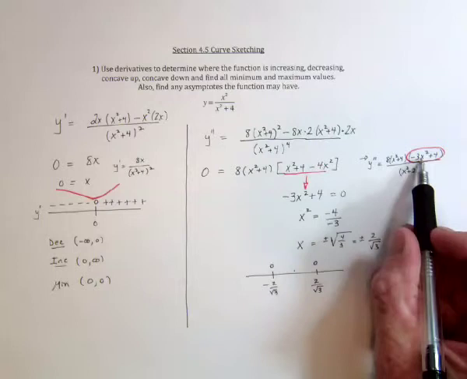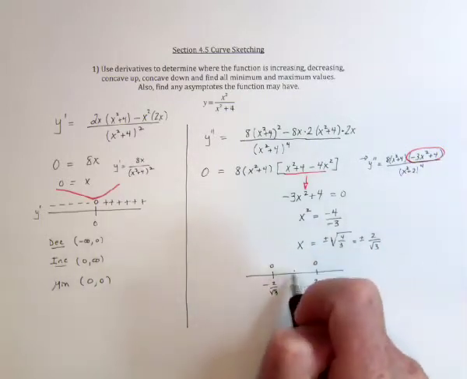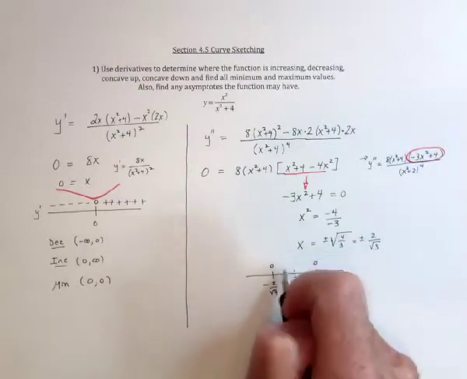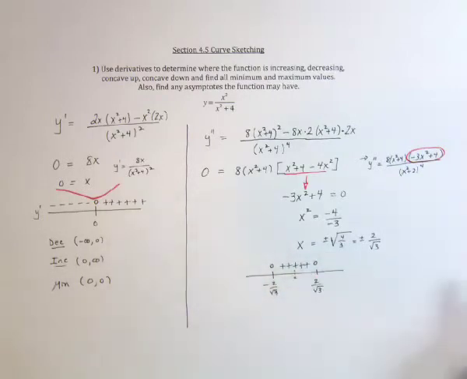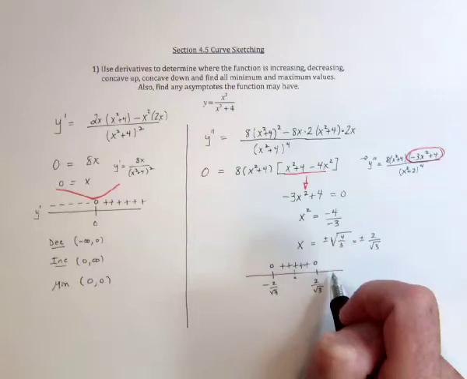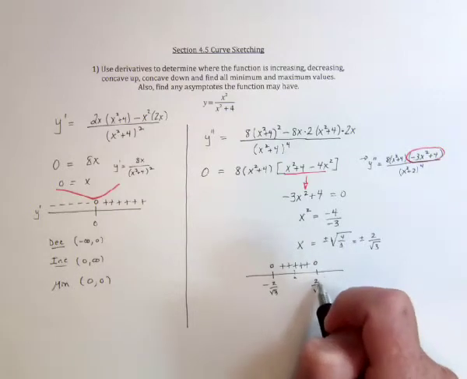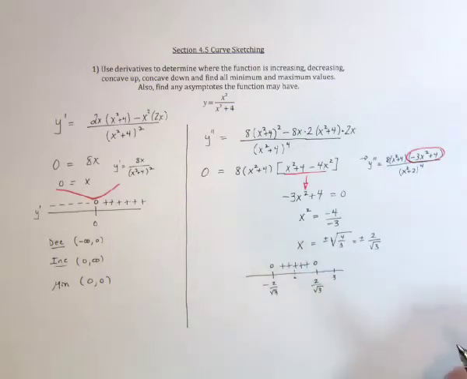So for example, if I use a 0, then this would be gone, it would be a positive 4. So 0 here in the middle means that the second derivative is positive. And then if I pick something over here, something bigger than 2 divided by square root of 3. Well, 2 divided by something is going to be smaller than 2, so I should be able to pick, for example, 3.